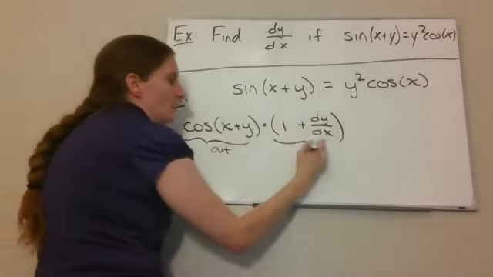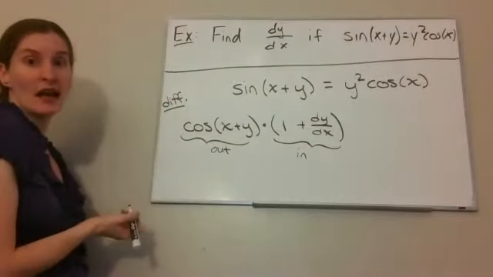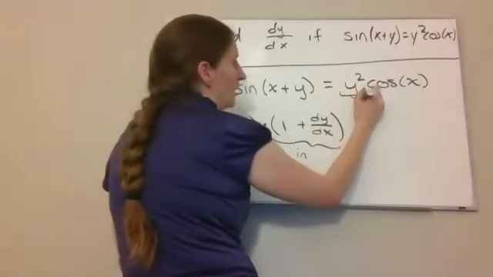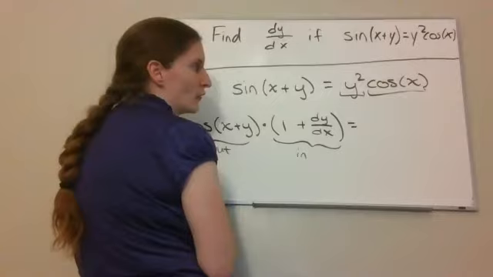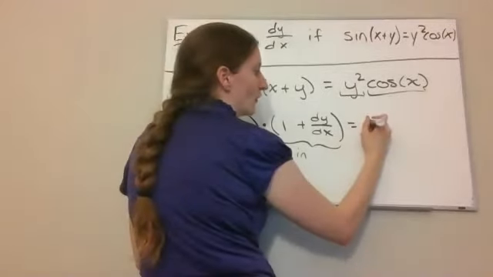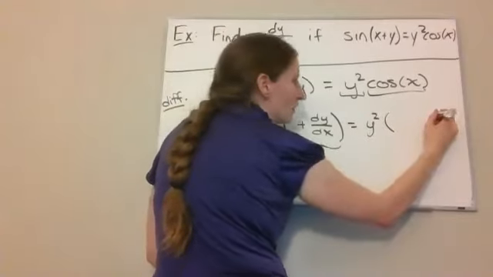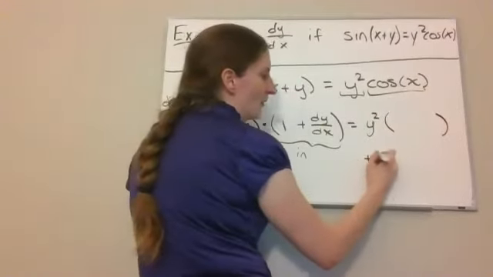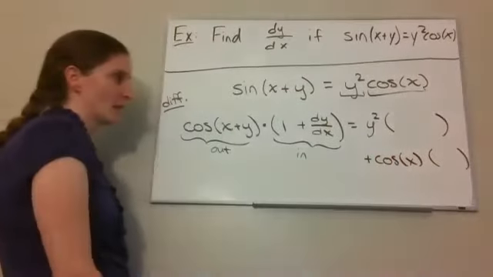So this was a chain rule: outside, inside. And over on the right side, I have a product rule of y squared and cosine x. Product rule says it's going to be the derivative of the first guy times the second guy plus the first guy times the derivative of the second.